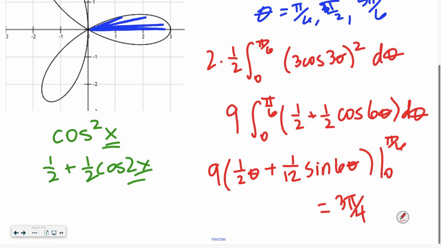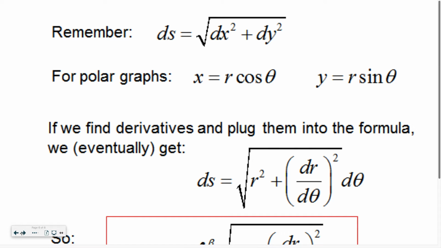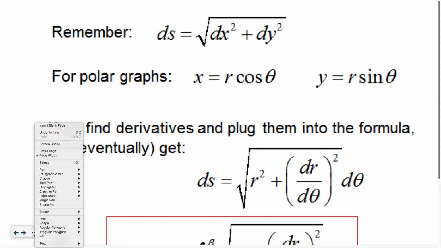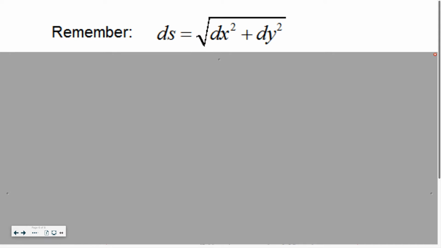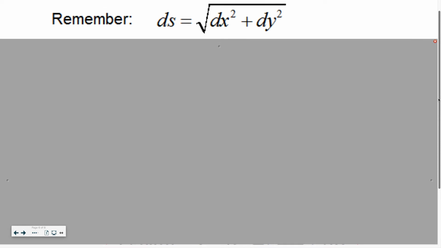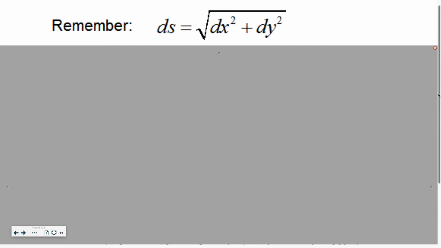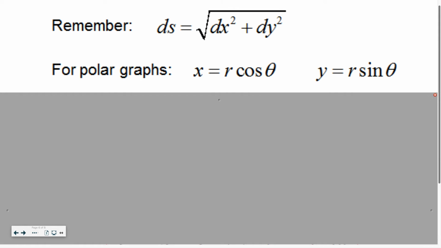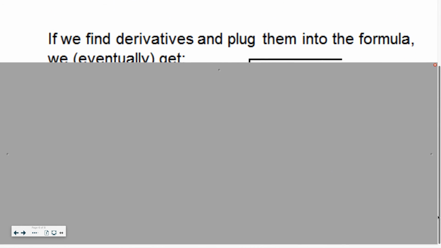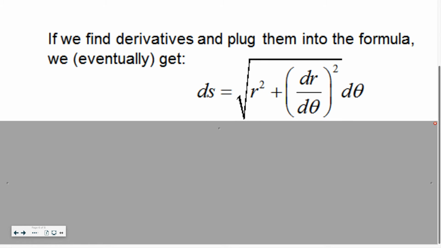Okay. So don't write this down quite yet. But remember when we talked about arc length? We started with this, where just like a little bitty piece of the arc length was Pythagorean theorem, square root of dx squared plus dy squared, changing x, changing y. Okay. Well, if we go to polar form where x equals r cosine theta and y equals r sine theta, I'm not going to bore you with the details, but eventually we would get to this right here.